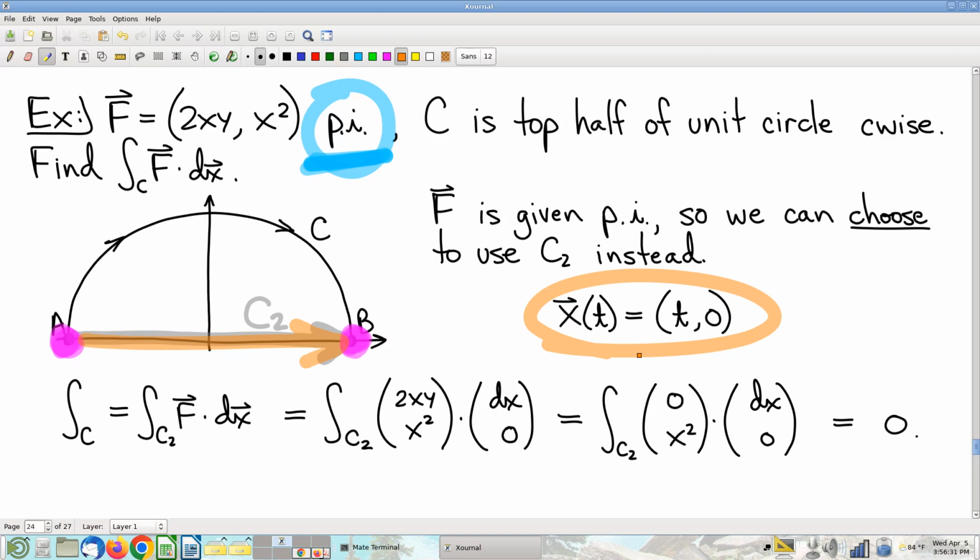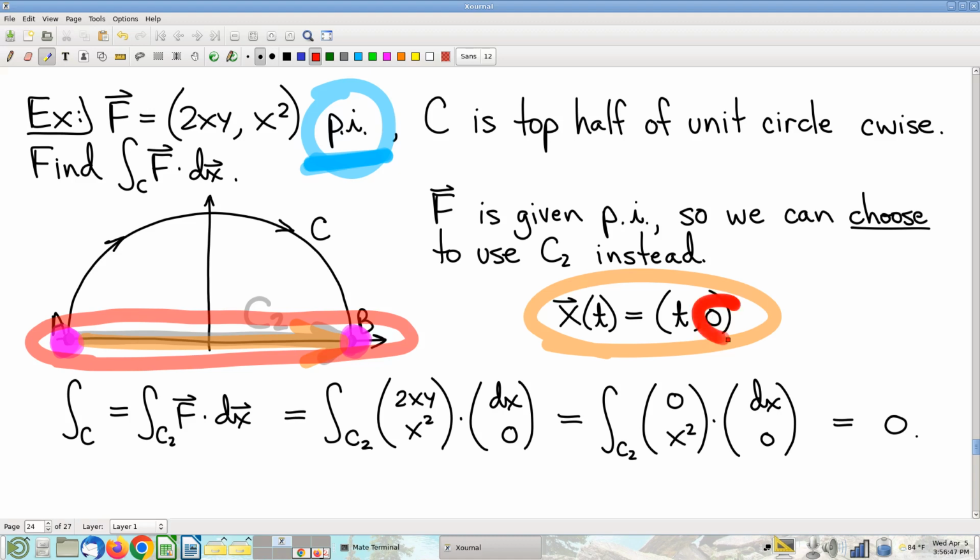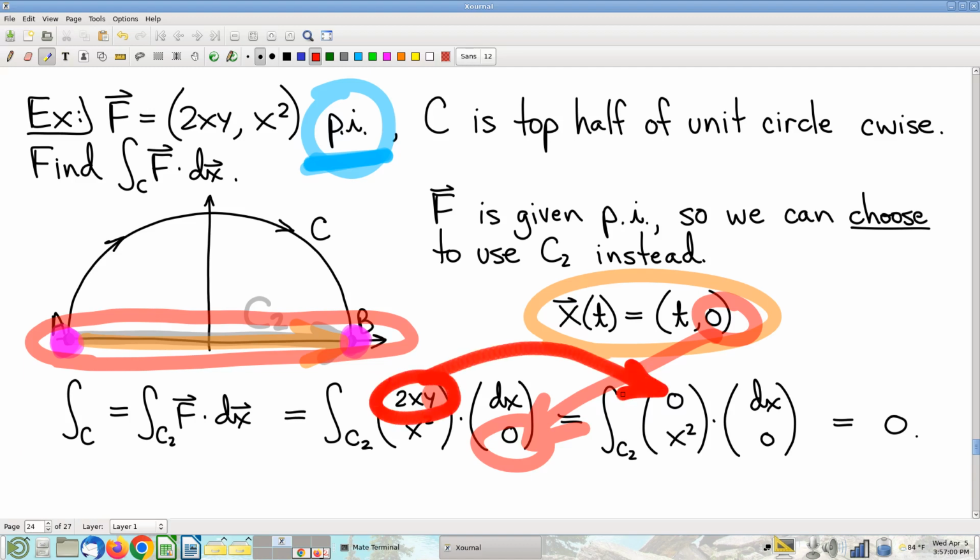And better than that, notice this. Not only is this easy to parameterize, but notice, and you can see it right here on the picture, for that curve, every point on my newly cleverly chosen curve has y equal to 0. That means that dy is equal to 0. And also, just directly, if y is equal to 0, that makes this whole first coordinate of the vector field 0.